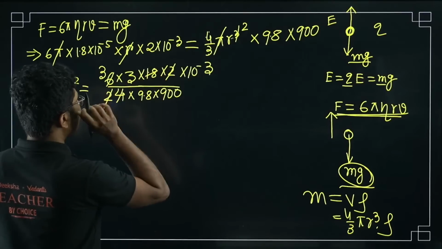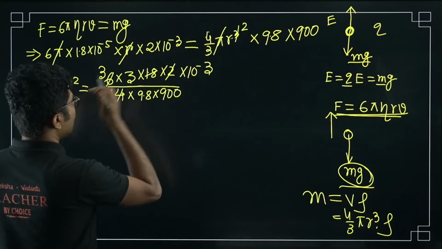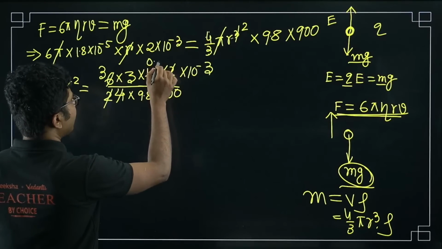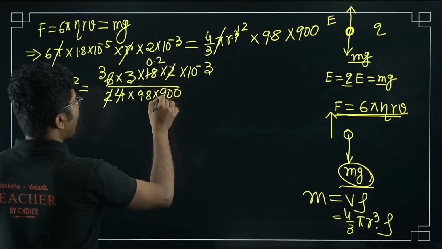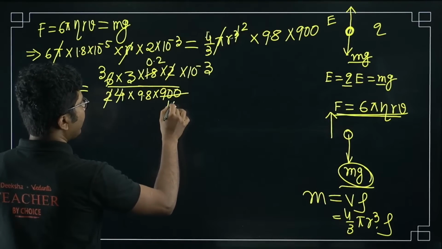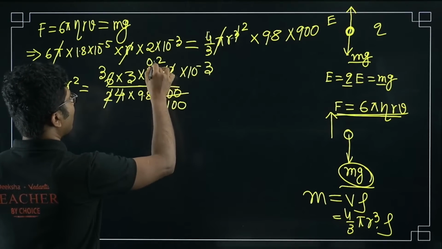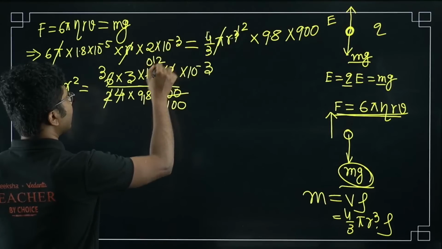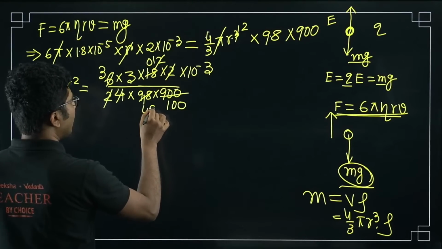It will be 0.2 and 2, and this will cancel. You will get 49.